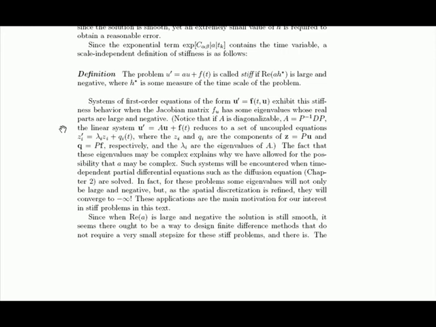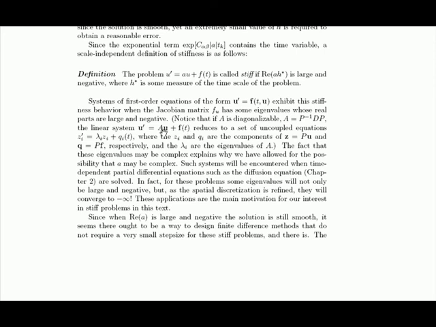Now, why did we plot the regions of absolute stability for these methods in the complex plane? In other words, why did we assume A might be complex? Normally, we're not going to be solving a single equation, u prime equals Au plus alpha of t, where A is complex. However, we may be solving a system of equations, u prime equals matrix A times u plus alpha of t, where alpha and u are vectors, A is a matrix.